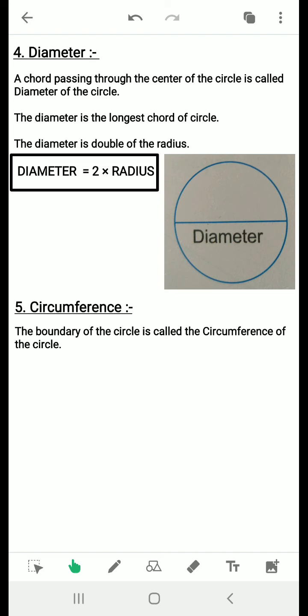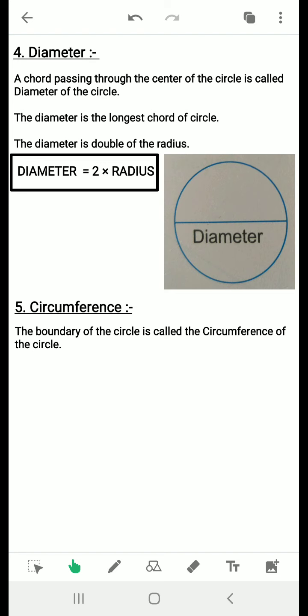You can simply say the diameter is double the radius, so it will be 6 multiplied by 2, 12 centimeter. So diameter is equal to 2 multiplied by radius, and this is the circle. And what is the diameter? I will again repeat that a chord that passes through the center of a circle is called the diameter of the circle.